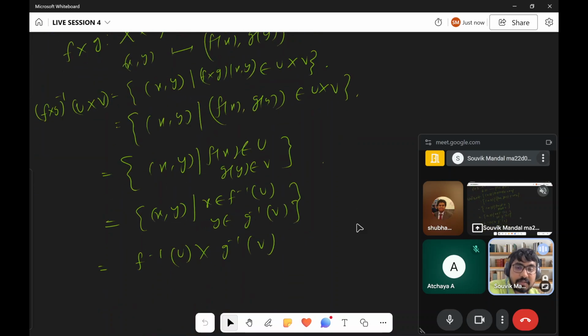It's a set theory argument. There is no intuition to be given, it follows directly from the definition, right? Is the argument clear? Yes. Okay.